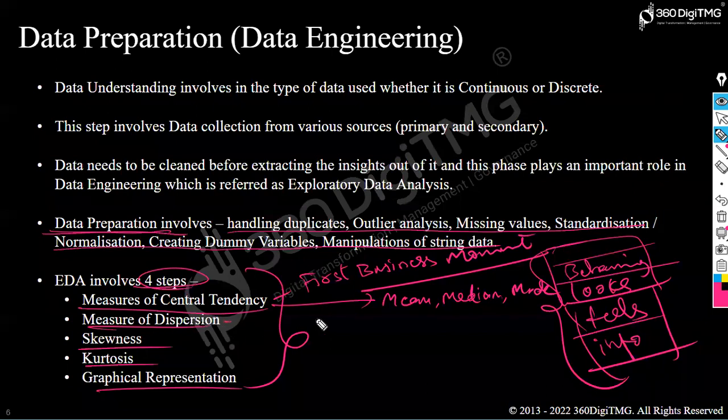The second is measure of dispersion, where we calculate the variance in the data and standard deviation, which is required to know whether the data is normally distributed or not.